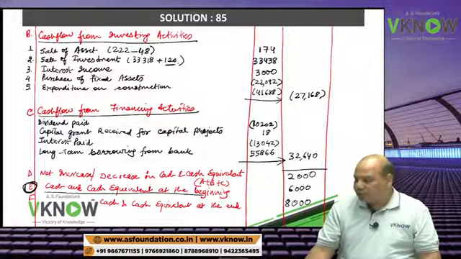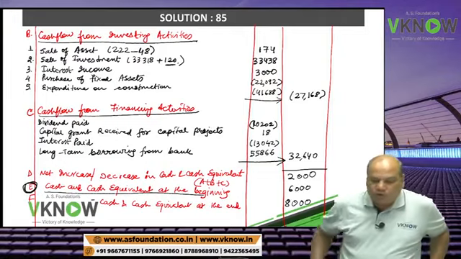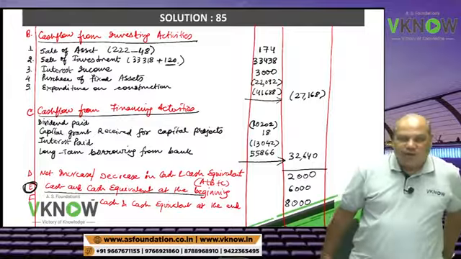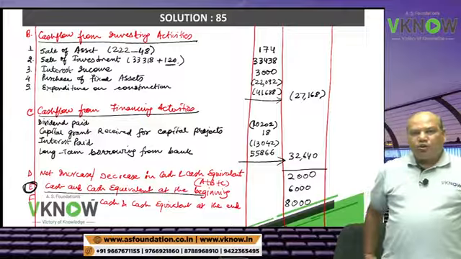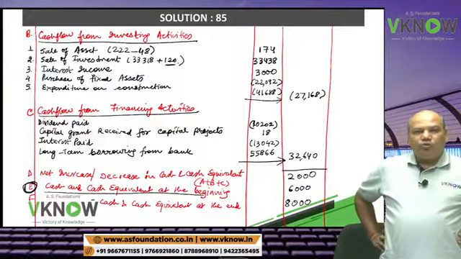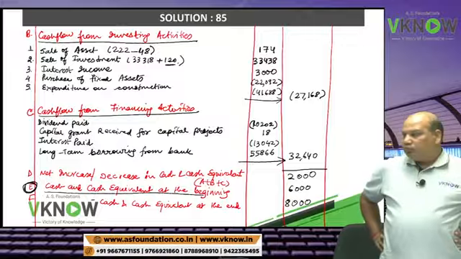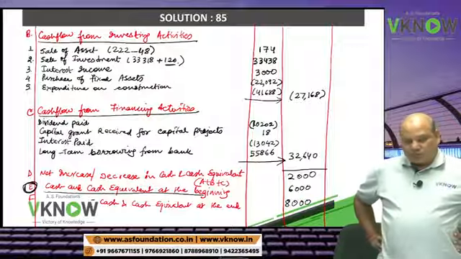Take the total of operating, investing and financing activity, and your net total will come to 2,000.